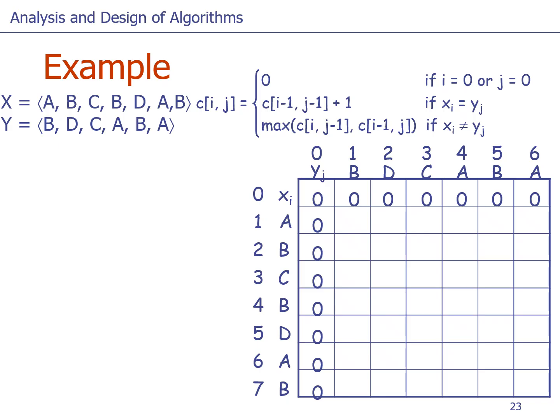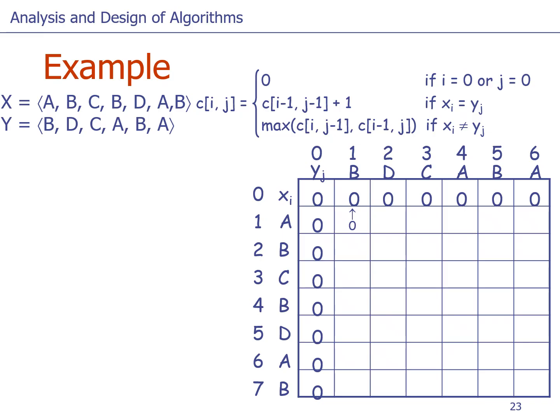Now, we move on to the first cell afterwards, which basically means I am considering the sequence in X of A with the sequence in Y of B, just B. Since they don't match, I will use the third line in the objective function above. I will get the maximum of the two cells, the one on top of me and the one to the left of me.